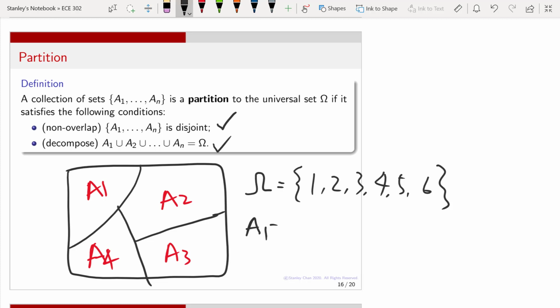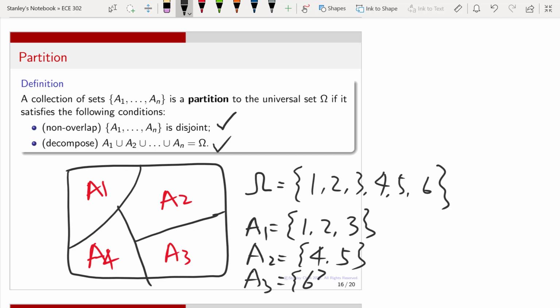Then you can say A1 equals 1, 2, and 3, A2 equals 4 and 5, and A3 equals 6. Then A1, A2, A3 form a partition of the universal set omega, because first of all, they don't overlap, and secondly, when you take the union, you get back the universal set.